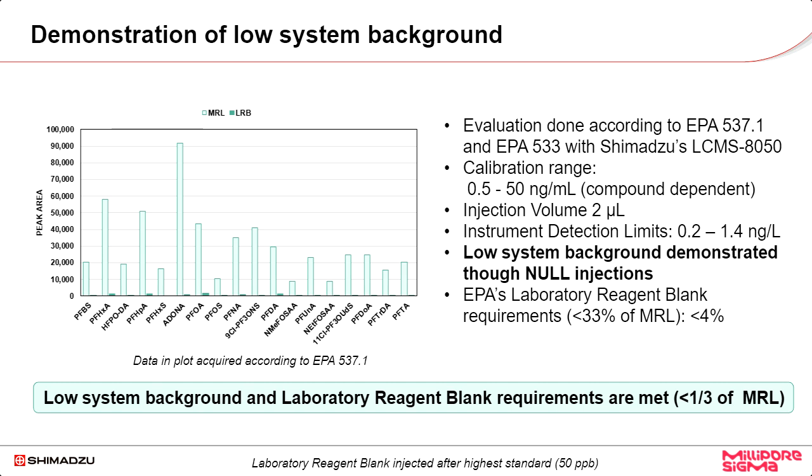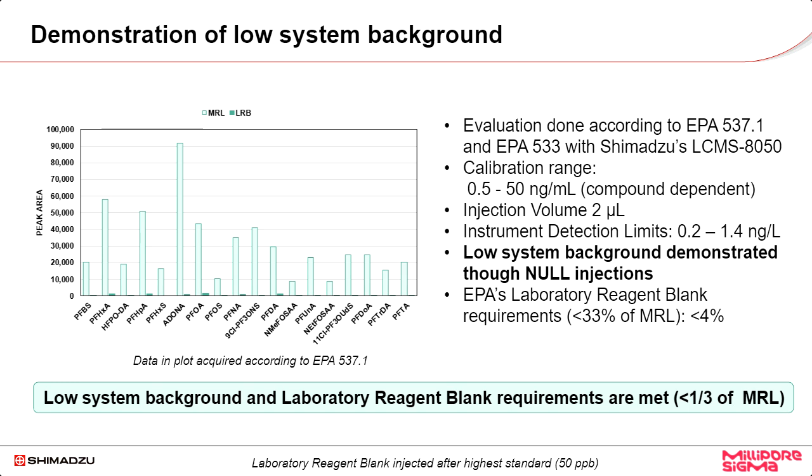During the testing that I'm presenting today, as well as years of running experiments, we can check the low background not only following EPA's criteria, but also by running null injections.